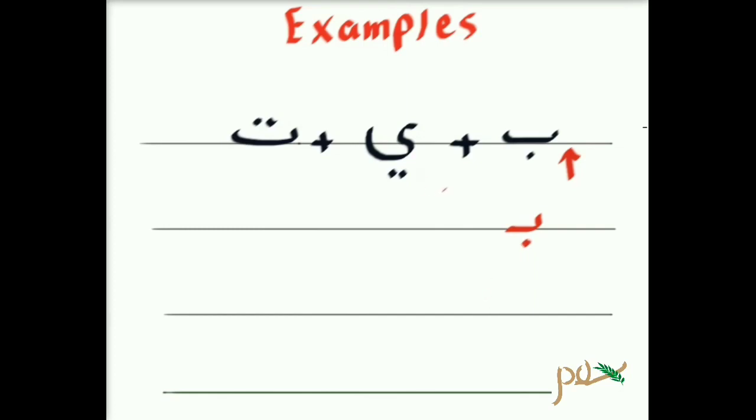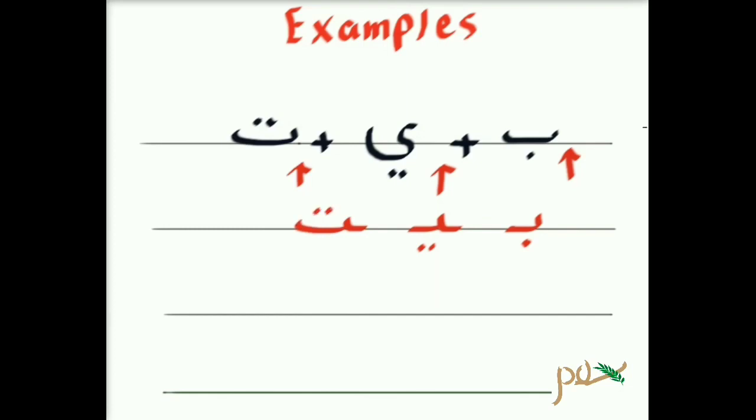So this is the initial form of the letter ba. The letter ya is the second letter, so we will write this letter in the medial form. This is the medial form of the letter ya. And finally, we have the letter ta. It's the last letter, so we have to write it in the final form.